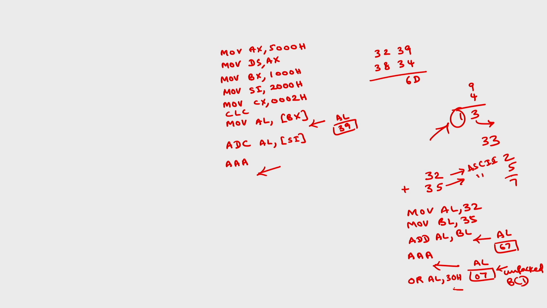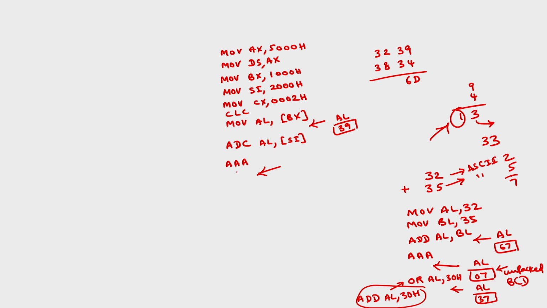So that after this what will be the contents? AL will have 37H. 0 if OR with 3, you will get 3 itself. 0 if you OR with 7, you will get 7. Or instead of this you can write add AL comma 30H. You can write any one of these instructions.